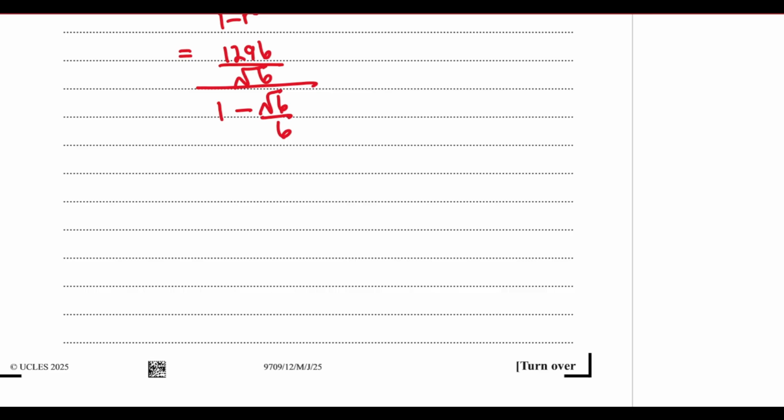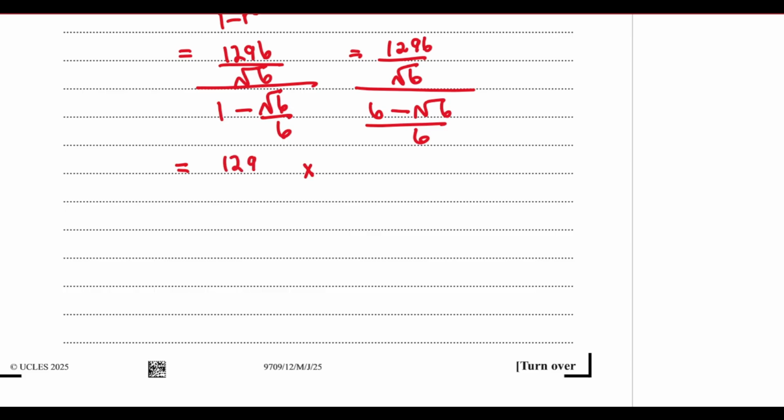Okay. I can get a common denominator at the bottom. That is (6 minus square root 6) over 6. Okay. Flip, do, keep, change division to multiplication.